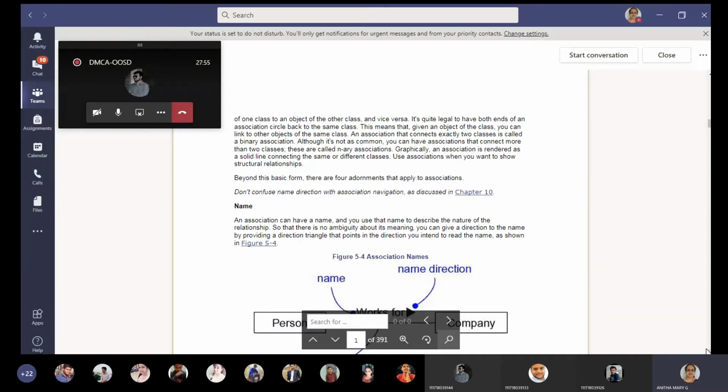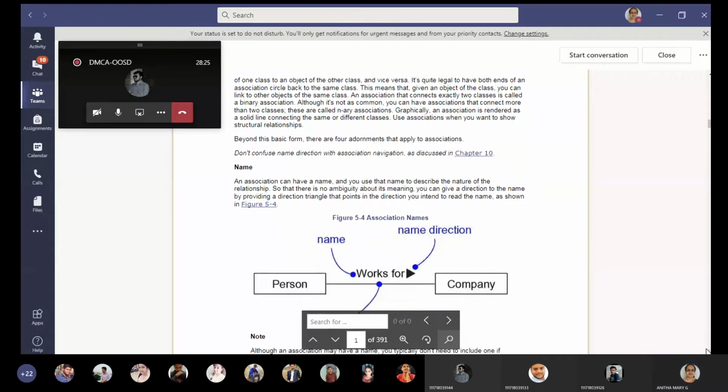Those things are categorized into four adornments, given in addition along with the association line: name, role, multiplicity, aggregation.